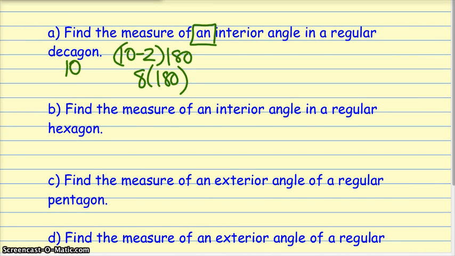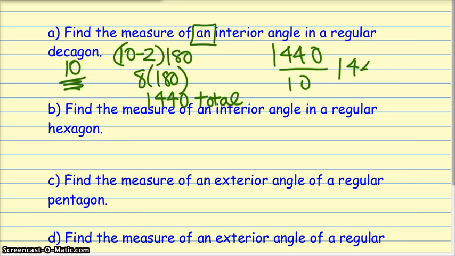Grab a calculator. It adds up to 1,440 degrees total. That's all of them on the inside, but I want just one. There are 10 angles, and they each measure the same, so that amount divided by 10 gives me 144 per angle, and that's an interior angle.